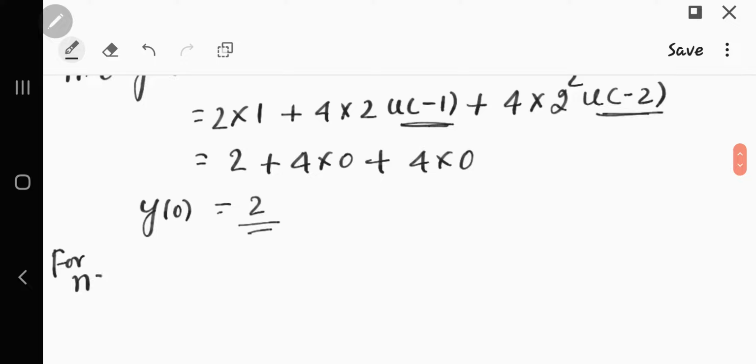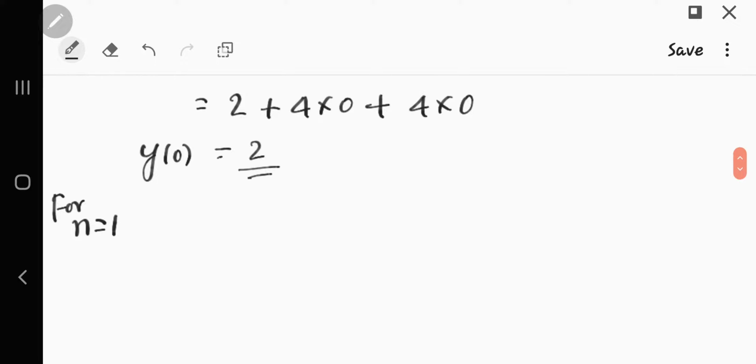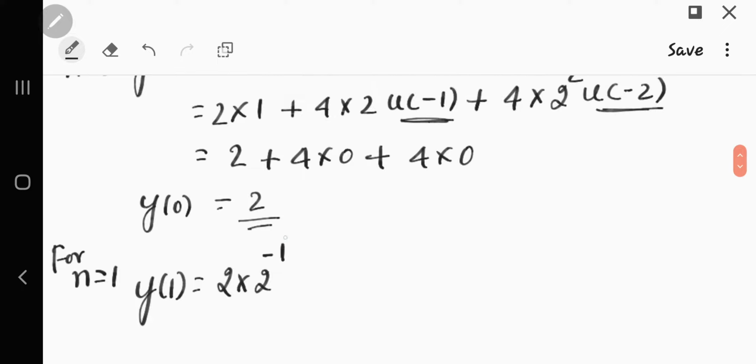Now for n is equal to 1. For n is equal to 1, y of 1 is equal to 2 into 2 to the power of minus 1.